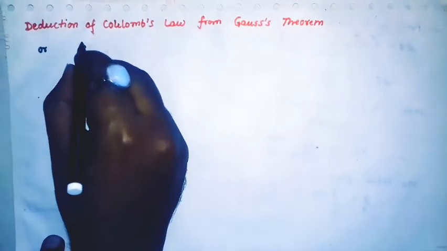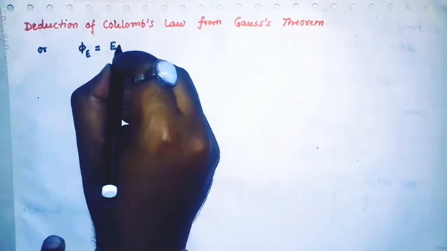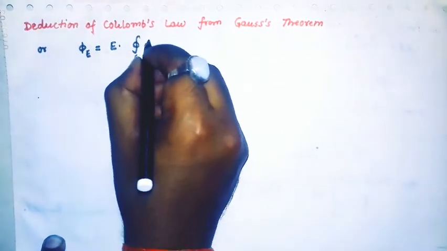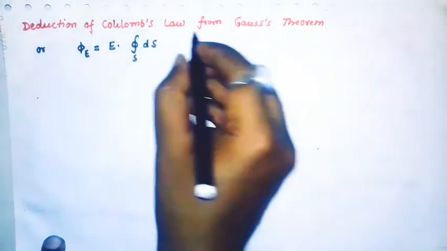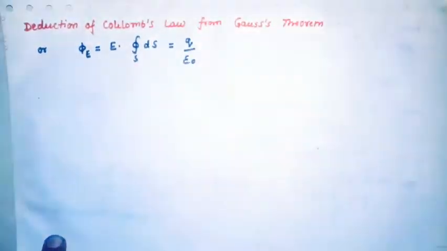According to Gauss theorem, the total flux phi E was given by E into the surface integral of ds, and that was equal to q upon epsilon naught.